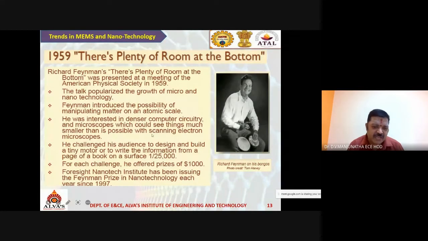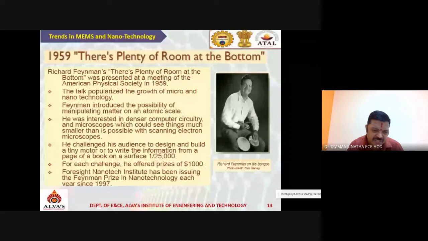Today MEMS and nanotechnology can be viewed by two major microscopies: the scanning tunneling microscope and the atomic force microscope.